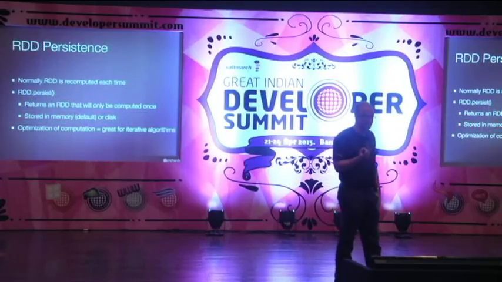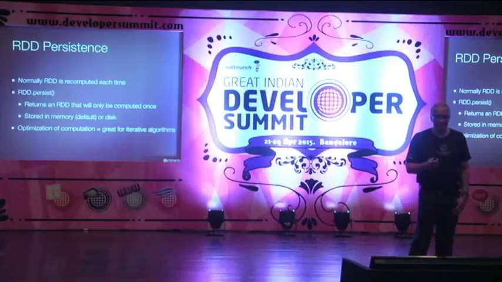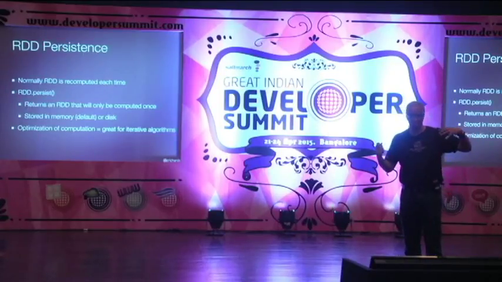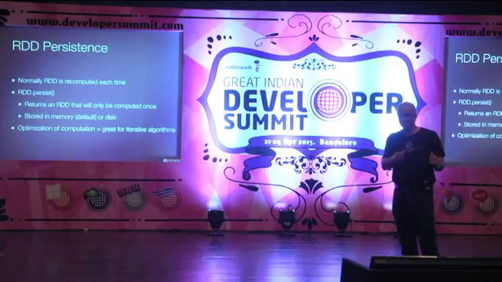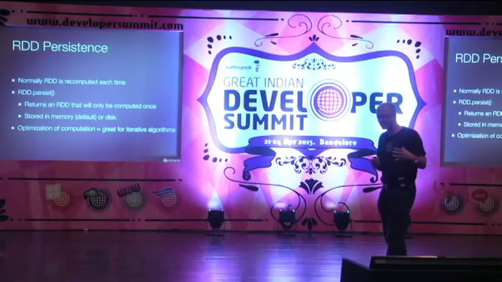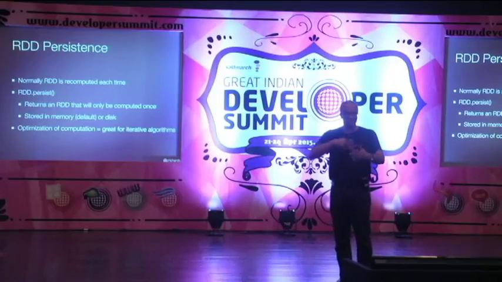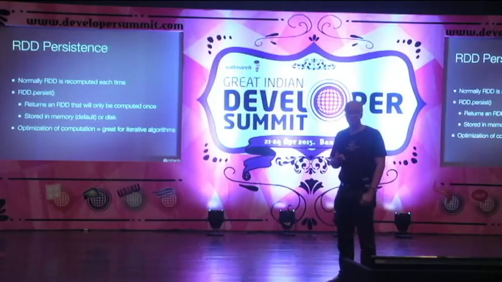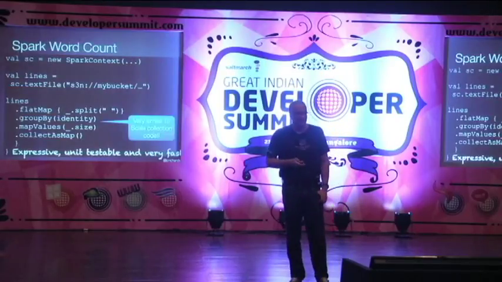And then, as I mentioned, normally an RDD is computed each time. So when you set up a pipeline and ask it to perform a computation, it will actually read from disk each time. But you can also just say cache this RDD and then run some iterative algorithm against it. And you get a big speed up.